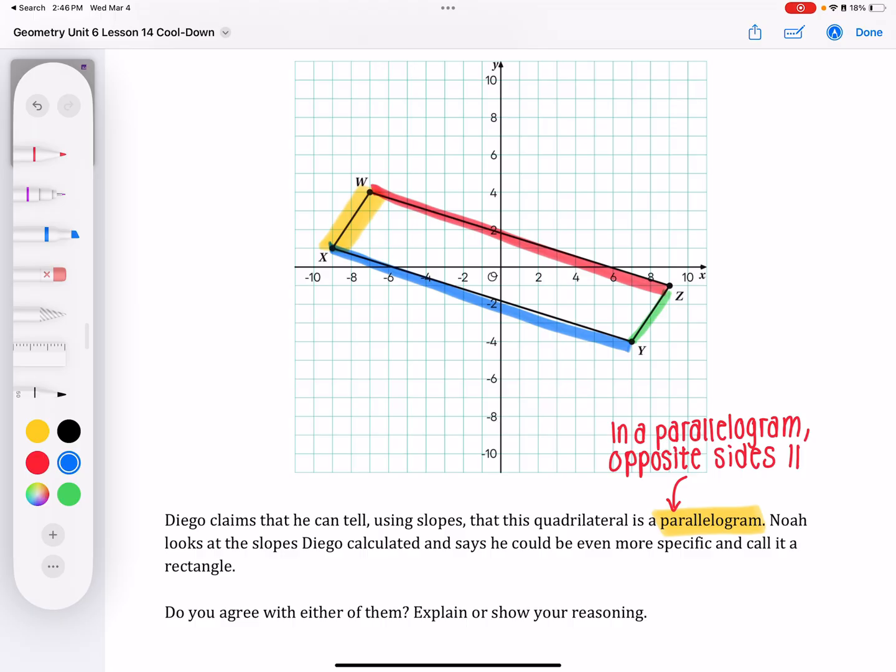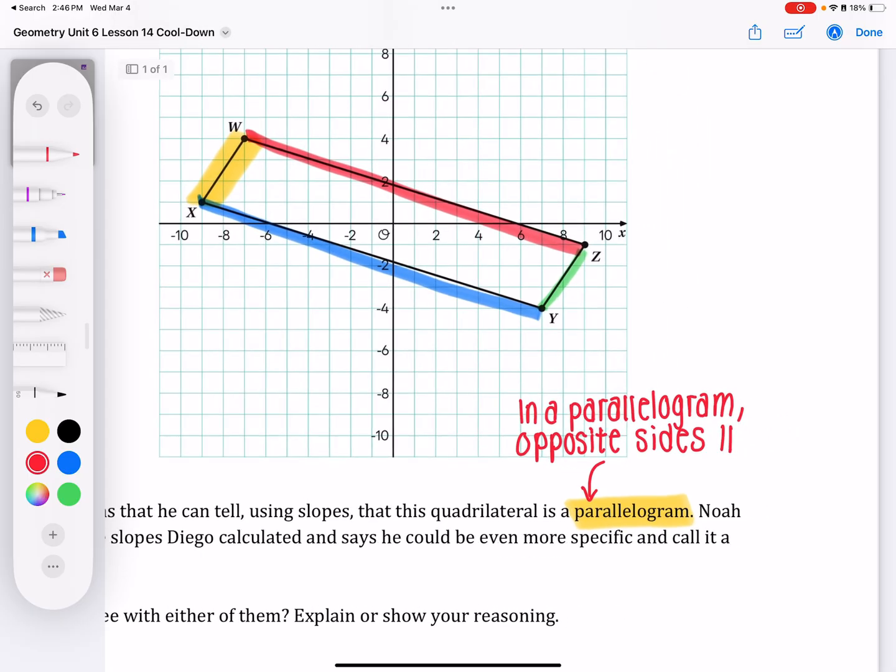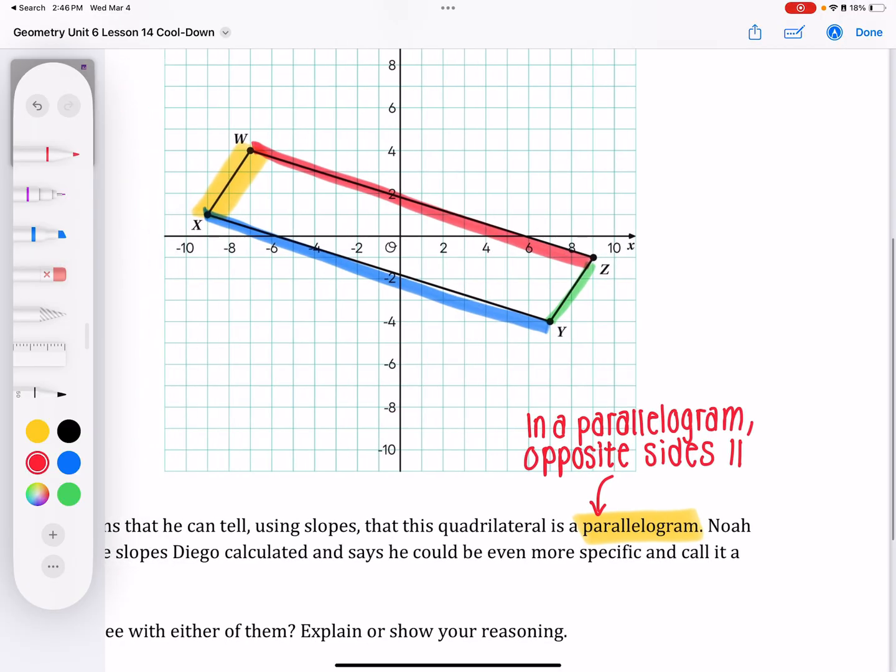All right, so let's take a look at Diego's claim first, saying that the slopes of this quadrilateral makes it a parallelogram. Do we have opposite sides that are parallel? And just remember that if opposite sides are parallel, that means that they have the same slope.